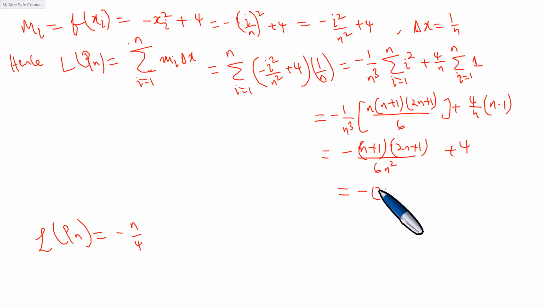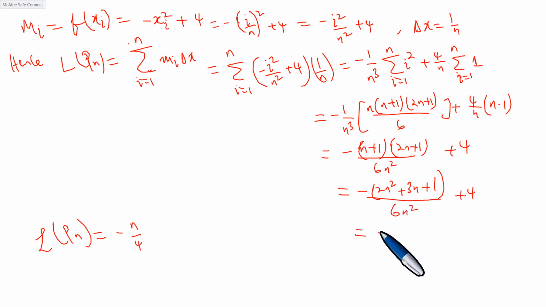Multiply this and that, which is 2n squared plus 3n plus 1, divided by 6n squared, plus 4.